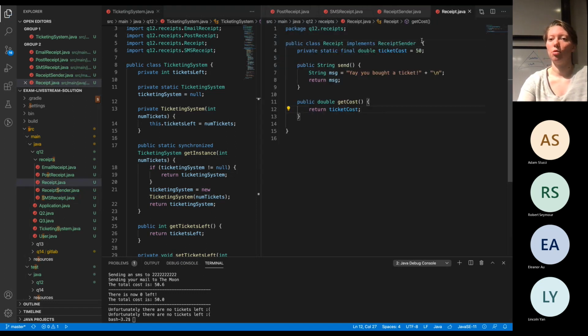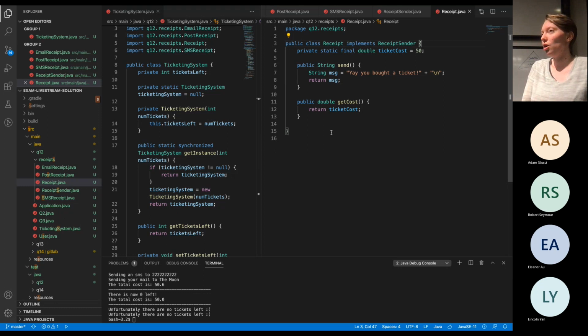So at the moment, what you might have noticed is we haven't actually done anything to change the functionality of the code at all. We've just added some stuff, which in the beginning might seem a bit extra. It was already working. Why have we added this extra stuff? The reason is that say we wanted to add a different type of receipt.